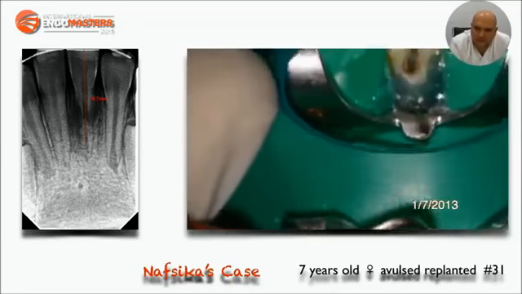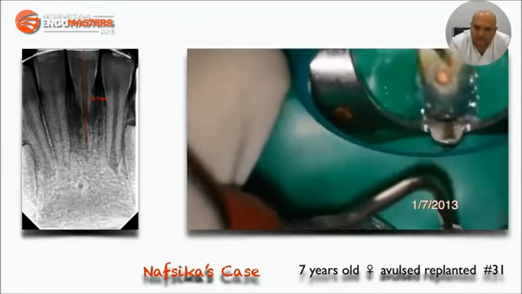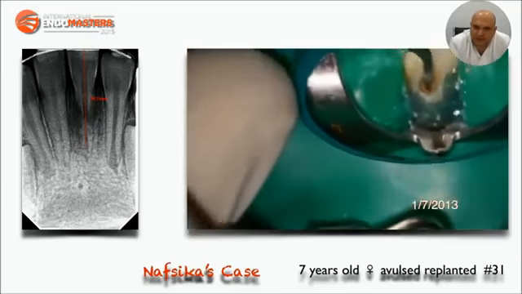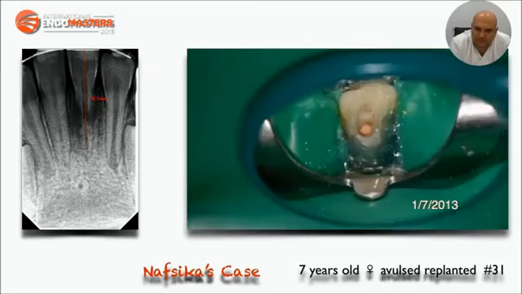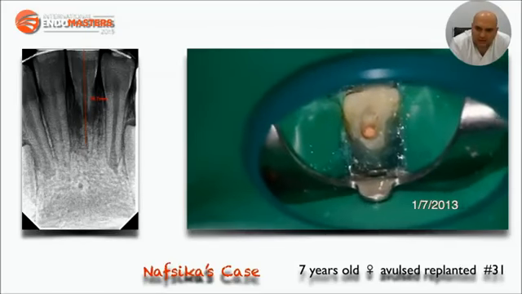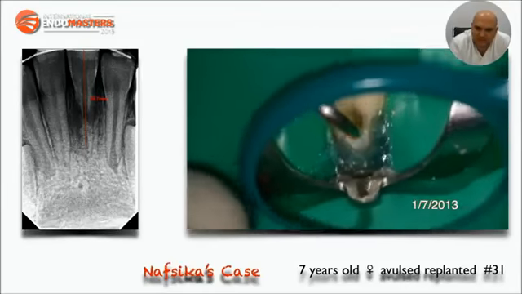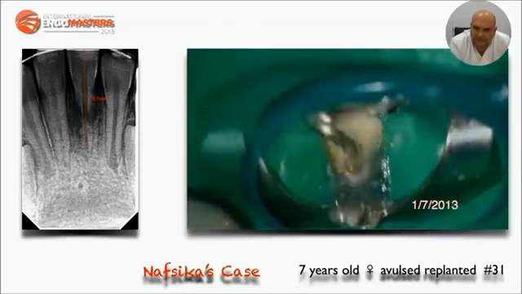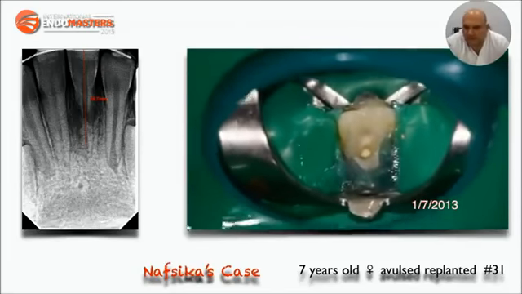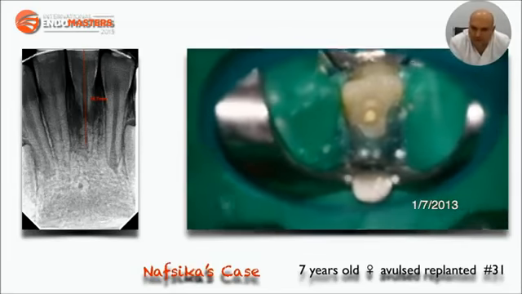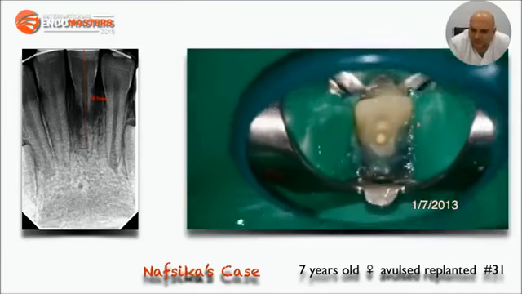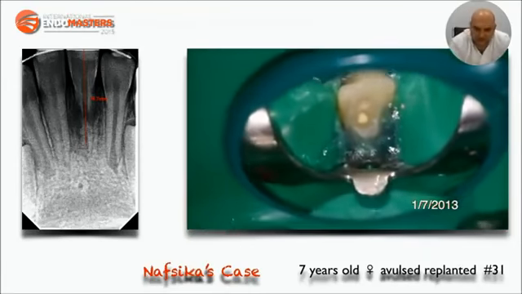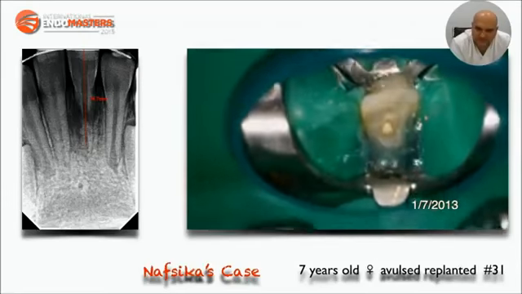This is the thermoplasticized GP barrier before sandblasting, and after sandblasting my whole access cavity is completely clean of MTA remnants that can induce discoloration of Nafsika's mandibular central incisor. This is the image after sandblasting.